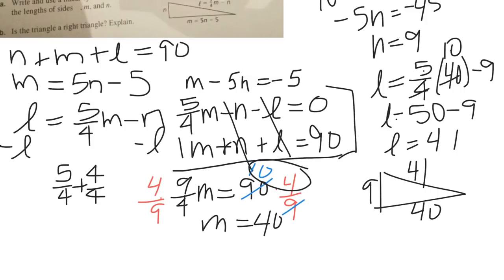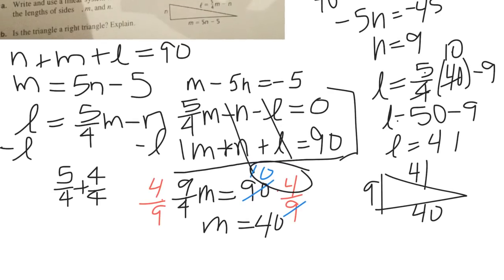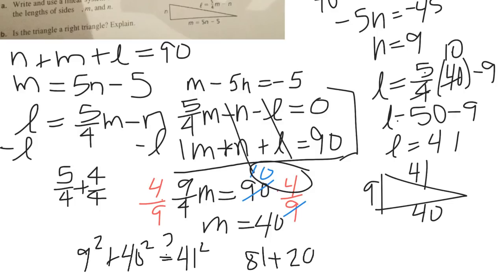So let's see. 9 squared plus 40 squared equals 41 squared. If this is true, then it's a right triangle. And 9 squared is 81 plus, oops, 1600.